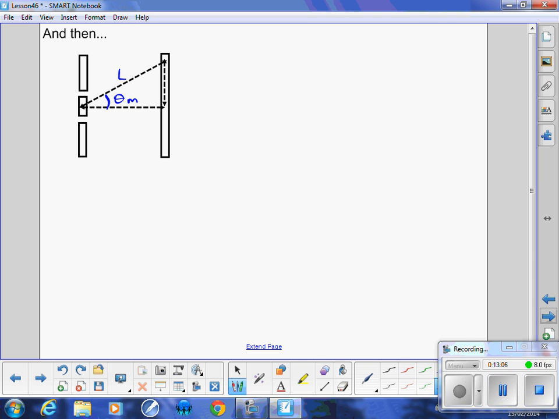And the far side, XM, that's going to be the distance from the center line. Theta M is our central angle, and our L is just the length from center to the screen.